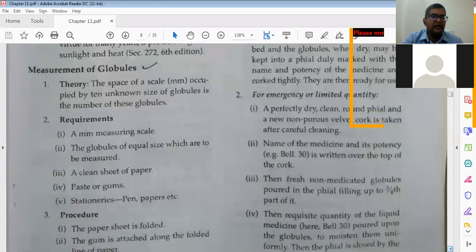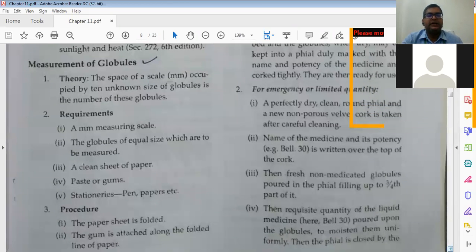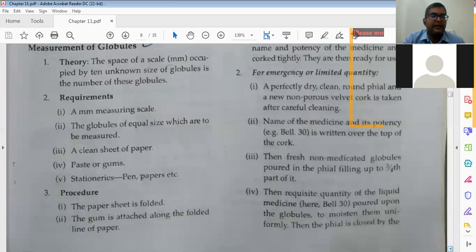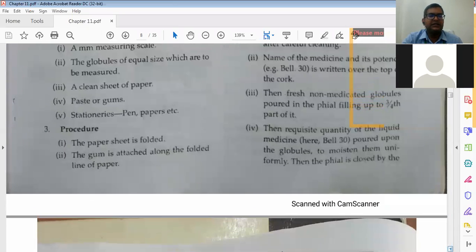A clean sheet of paper is important. Then paste or gum. Stationery like pen, paper, etc. you also need.